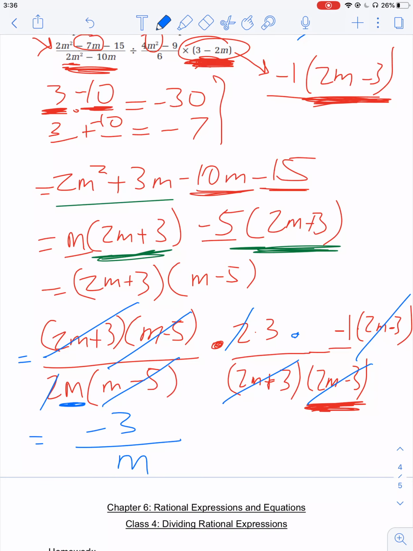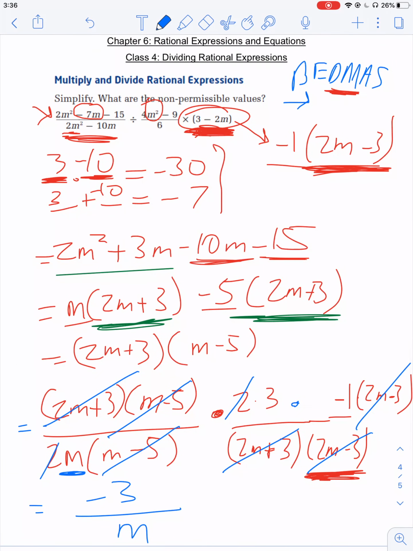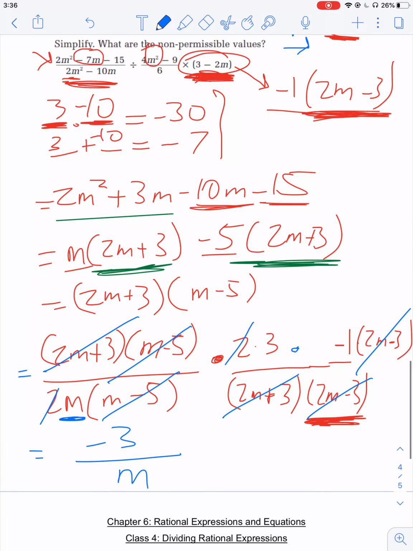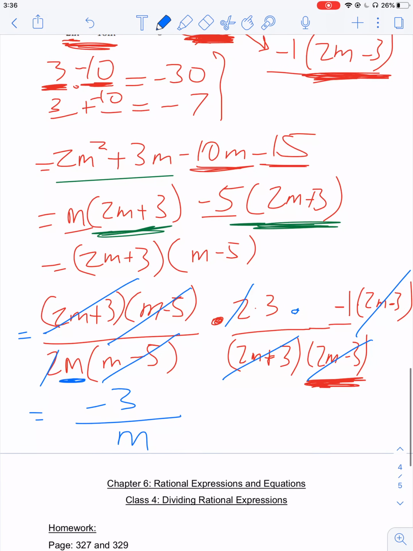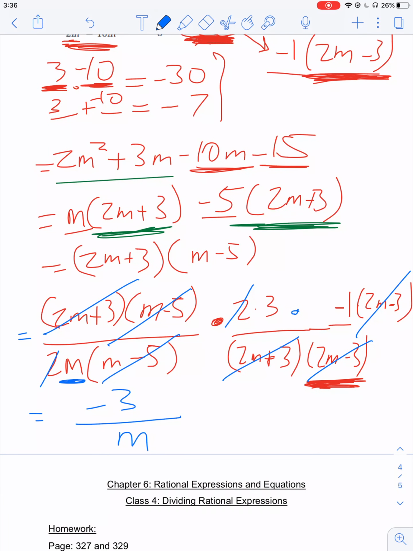Oh, and there's one thing that I forgot: the restrictions. I think they're asking you for the non-permissible values. So this is where I'm going to find my restrictions. I'm just going to erase all this stuff so that I don't miss anything.